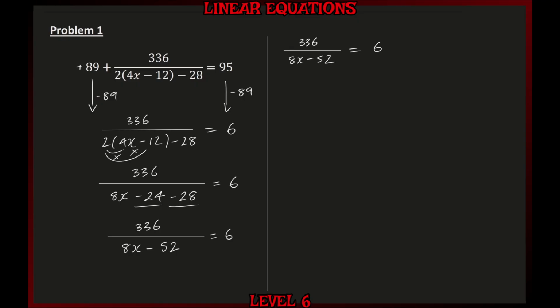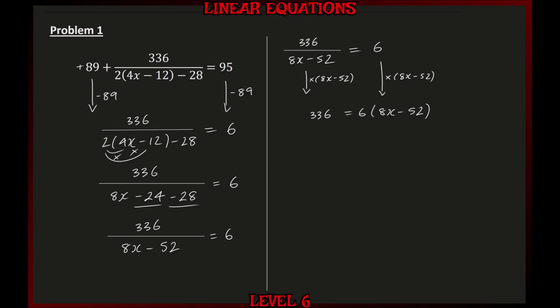Next, we'd like to remove the denominator from the fraction on the left, and we can do this by multiplying both sides of the equation by 8x minus 52, because the inverse of dividing by 8x minus 52 is multiplying by 8x minus 52. On the left, the divide by 8x minus 52 and the times by 8x minus 52 cancel out to leave us with 336, and on the right, we have 6 multiplied by 8x minus 52.